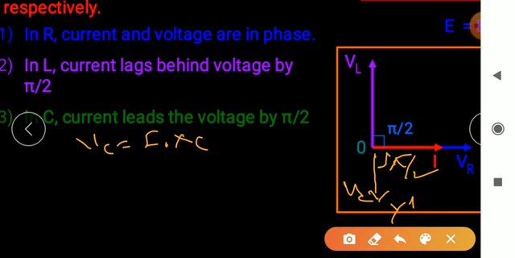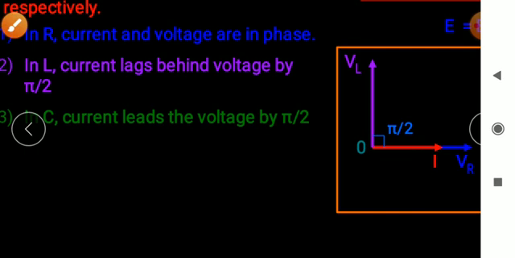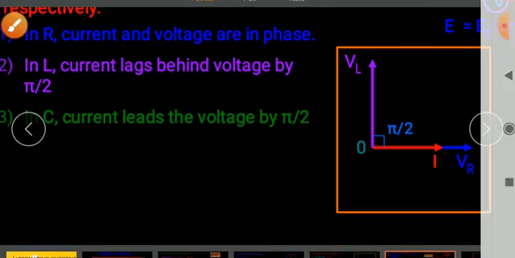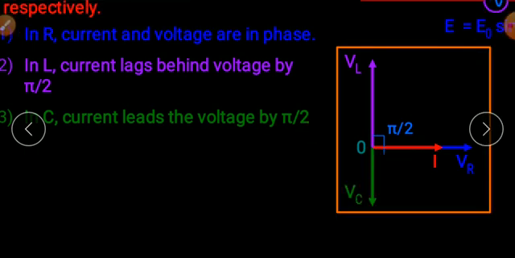As the voltages across L and C have a phase difference of 180 degrees, the net reactive voltage is given by VL minus VC. So in this figure we see that L and C have a phase difference of 180 degrees.